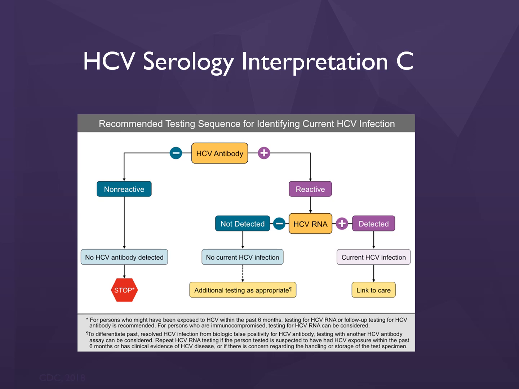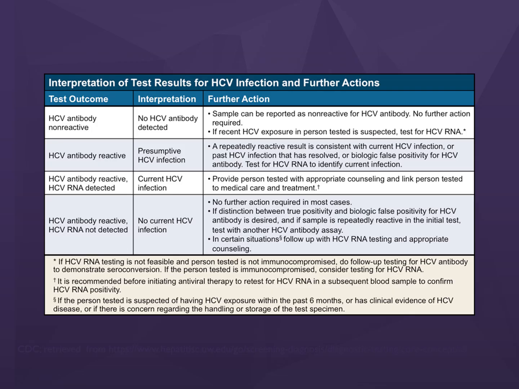That means that patient has hepatitis C and they're going to need further evaluation. That further evaluation will include more labs to really determine the state of the liver, to determine if treatment is necessary, or determine if they need to do other things. You should be referring that patient to a specialist.